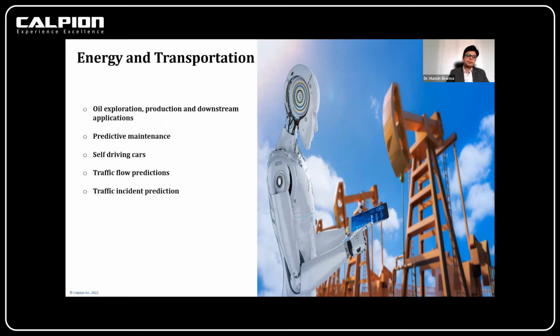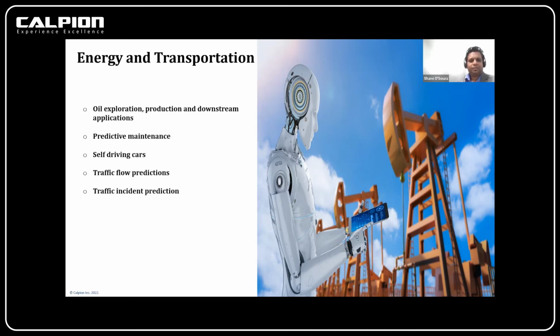So that is one use case. Right now it's in the research stage, and maybe in a couple of years we can see a real life use case of traffic flow prediction, and that can help mitigate the problem of traffic jams in cities to some scale.